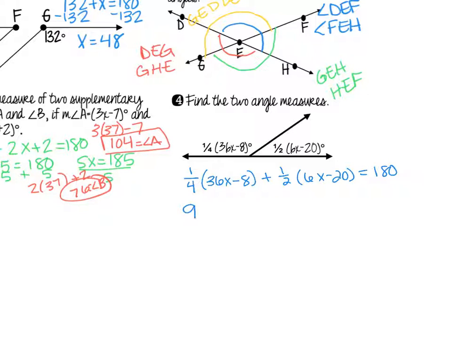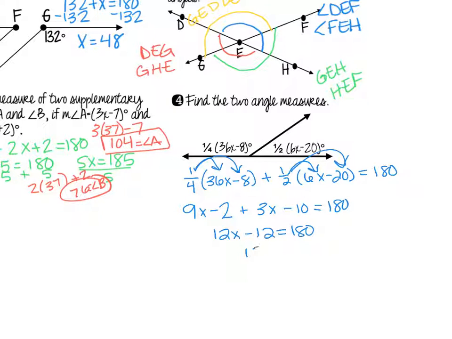So that's 9x minus 2, because I have to distribute the 1/4, plus 3x minus 10, because I have to distribute the 1/2, equals 180. So 9x plus 3x is 12x minus 12 equals 180. So 12x equals 192. And if I divide by 12, x equals 16.